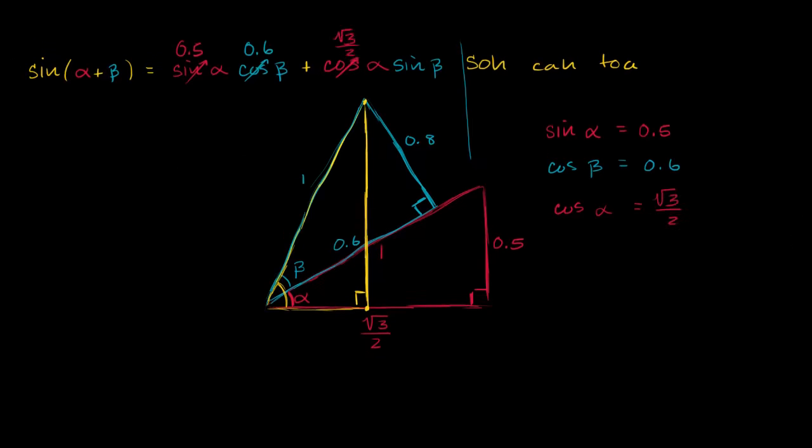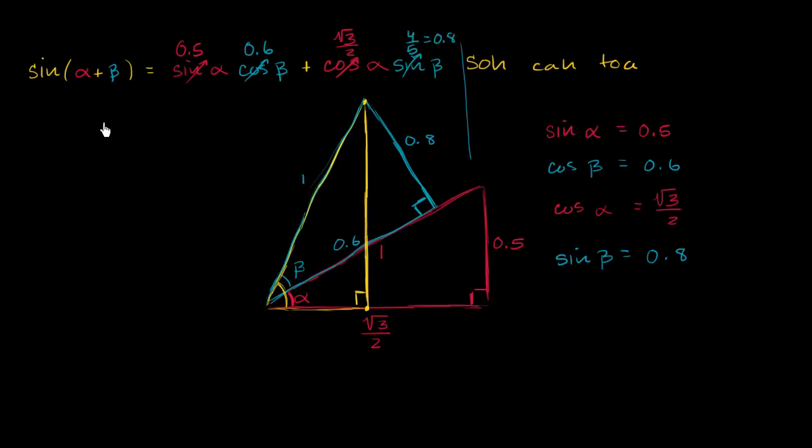And then finally, sine of beta, opposite over hypotenuse, is 0.8. Actually, let me write that as 4/5, which is the same thing as 0.8, just because I think it's going to make it a little bit easier to simplify right over here. So what is all of this equal to?